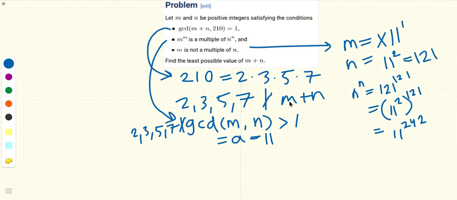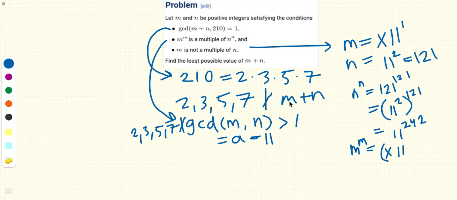Since we want m to the power of m to be a multiple of n to the power of n, we need to have that the power of 11 after you exponentiate it with m has to be greater than 242.